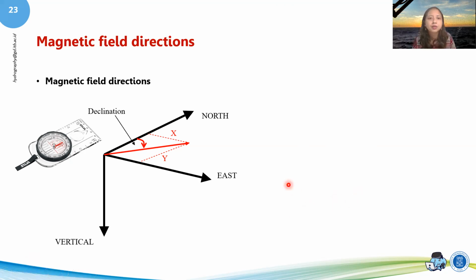And then you've got also the vertical field. The vertical field is not only moving towards the horizontal one, but also vertically, just like this. So that's basically your Z, and the angle is called inclination.